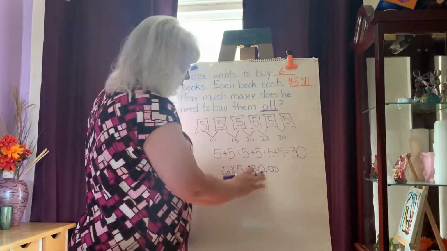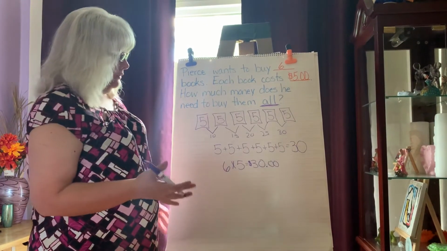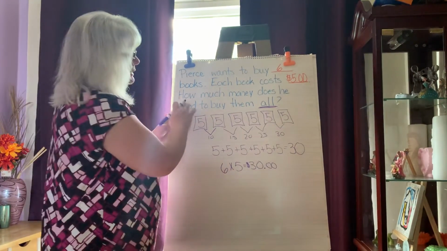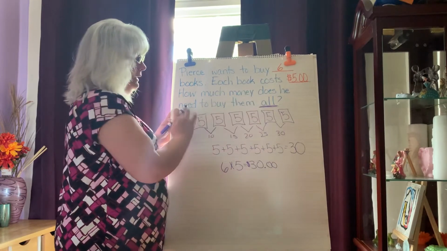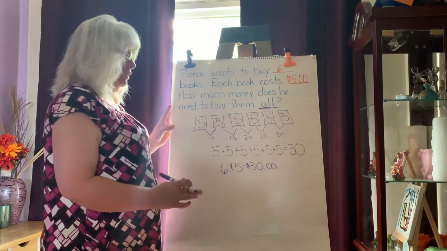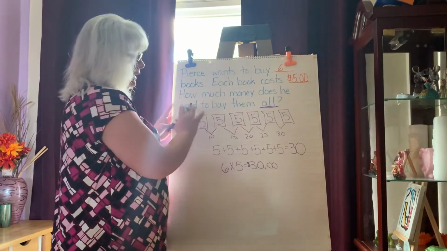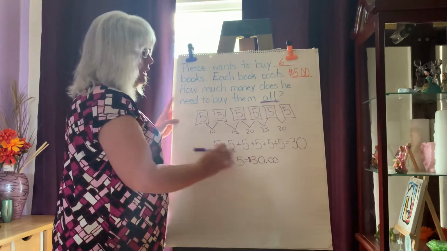So we know it's $30 and 0 cents. $30 because it's asking you how much money does he need to buy in all. $30, not 30 cents, not 30 books, because we're looking for money, but $30.